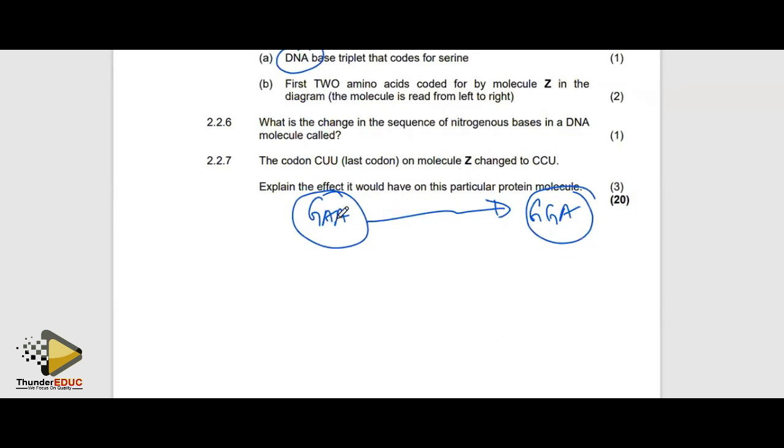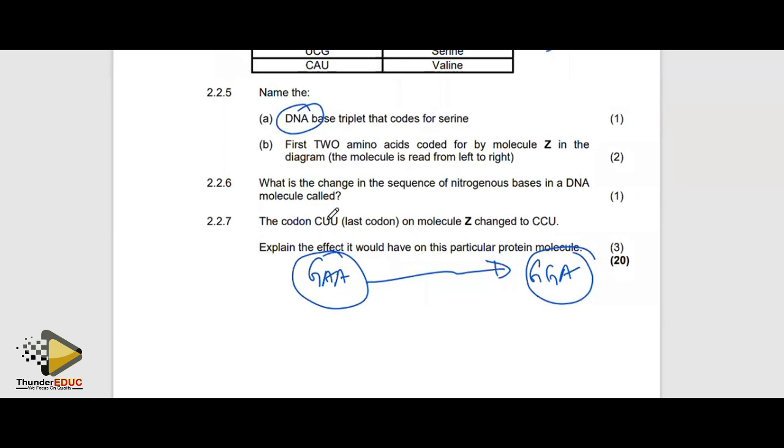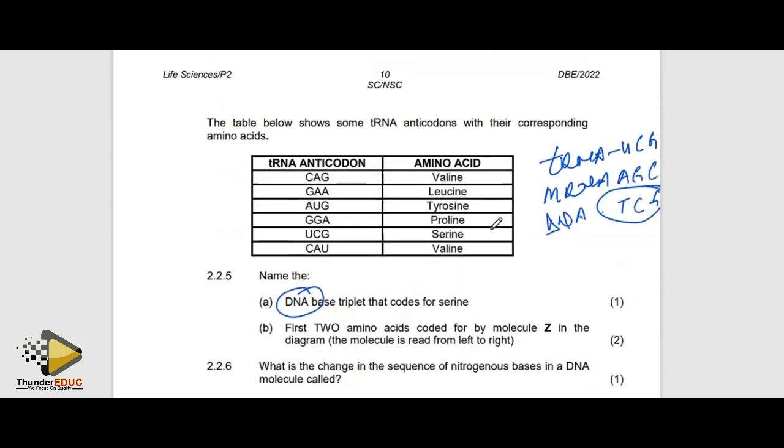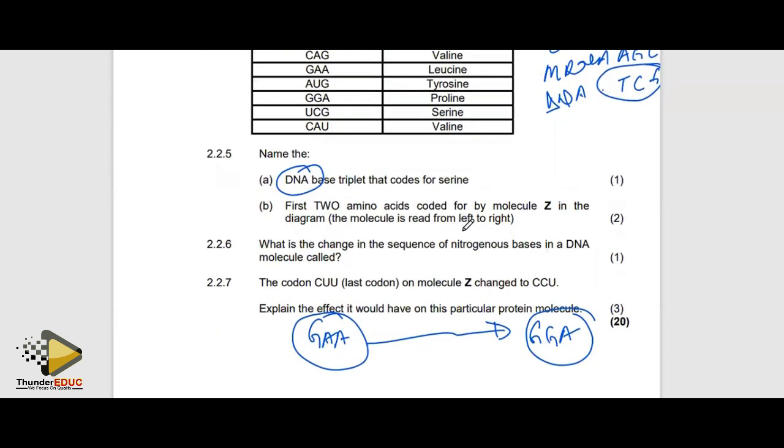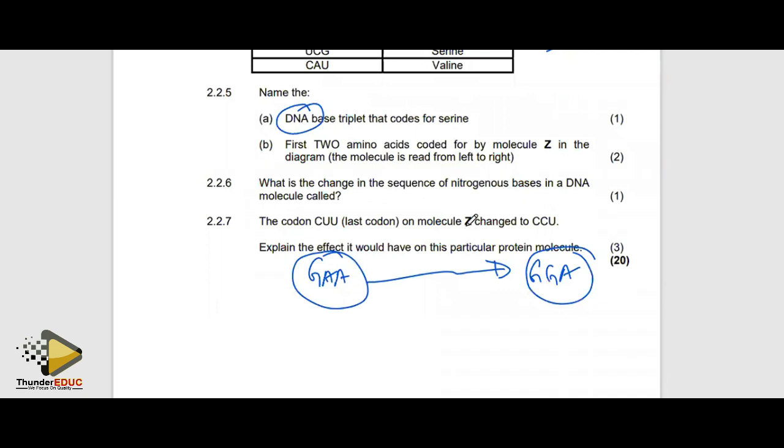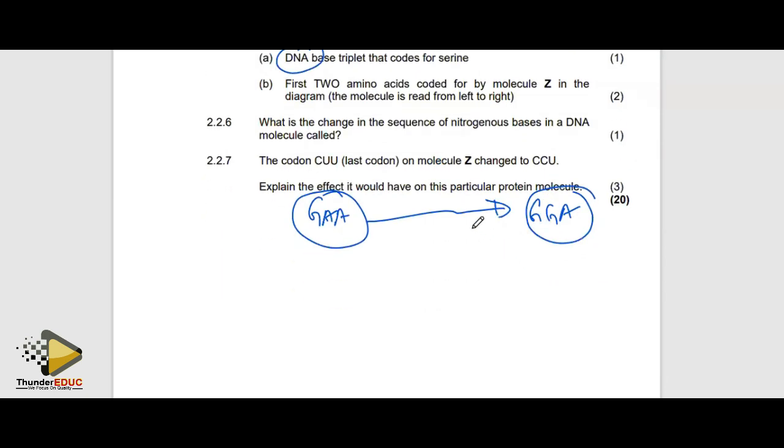A change from CUU to CCU will result in a different amino acid coded, that is from leucine to proline, which will result in a change in the structure of the protein.